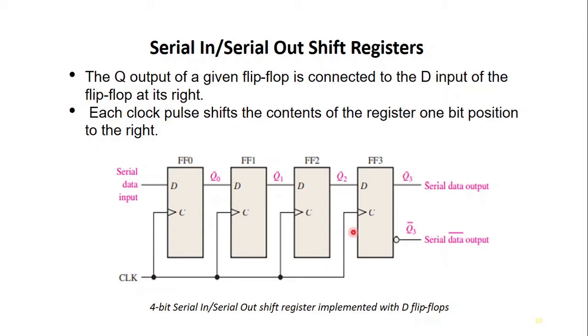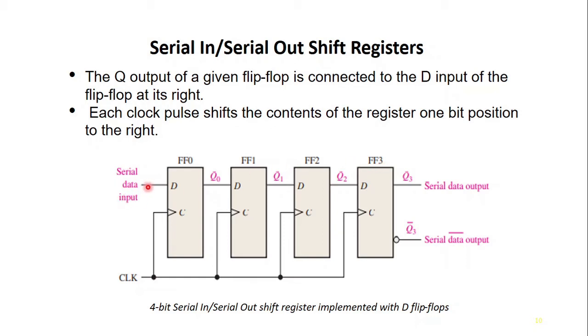This figure shows a serial in, serial out shift register with D flip-flops. Here this is the first flip-flop with the name F0, which denotes the least significant bit, and next F1, next F2, then F3. 4 flip-flops.